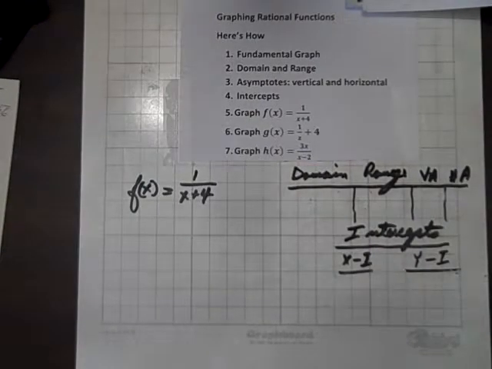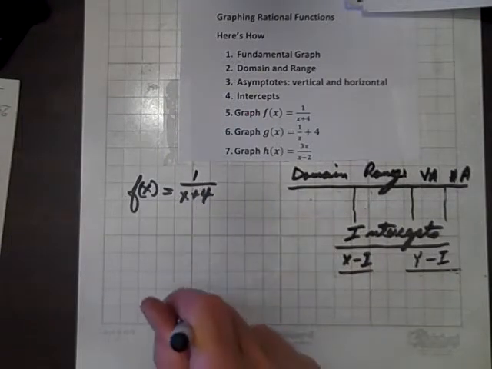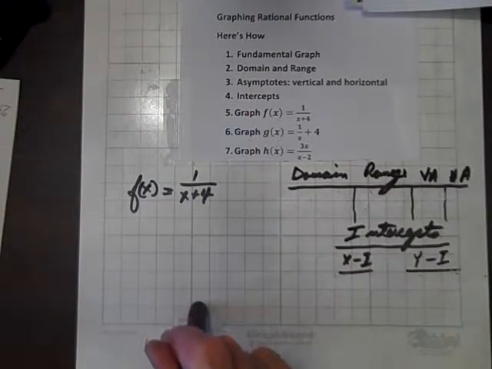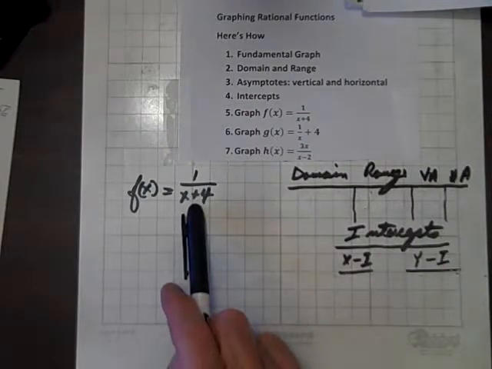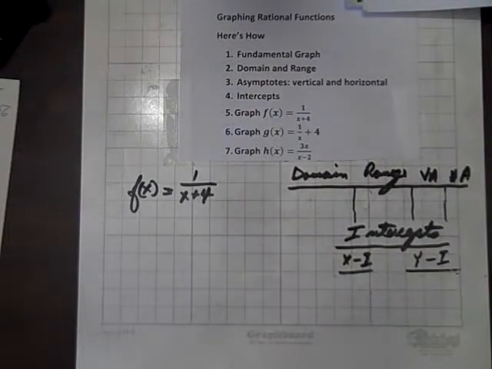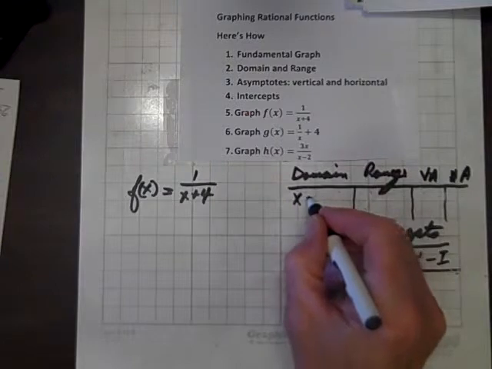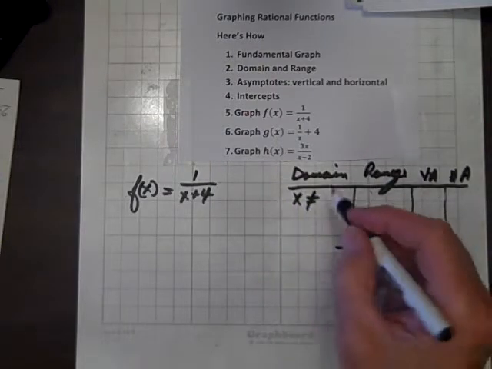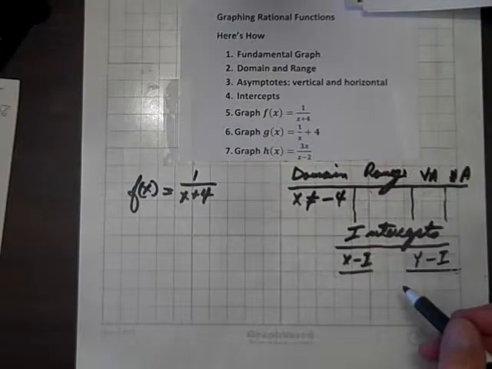Now we'll graph the rational function f of x equals 1 over the quantity x plus 4. First question, what's the domain of f of x? Well, it's all reals except negative 4. So x cannot take on the value negative 4, otherwise we would have division by 0.